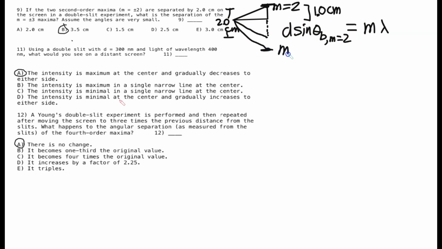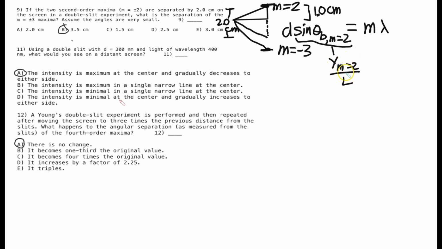This is m equals -3 down here. Above the page here would be the m equals +3 maxima, but you get the idea. They also said you can assume that the angles are very small. One approximation we can make is to say that y of the m equals 2, over L.